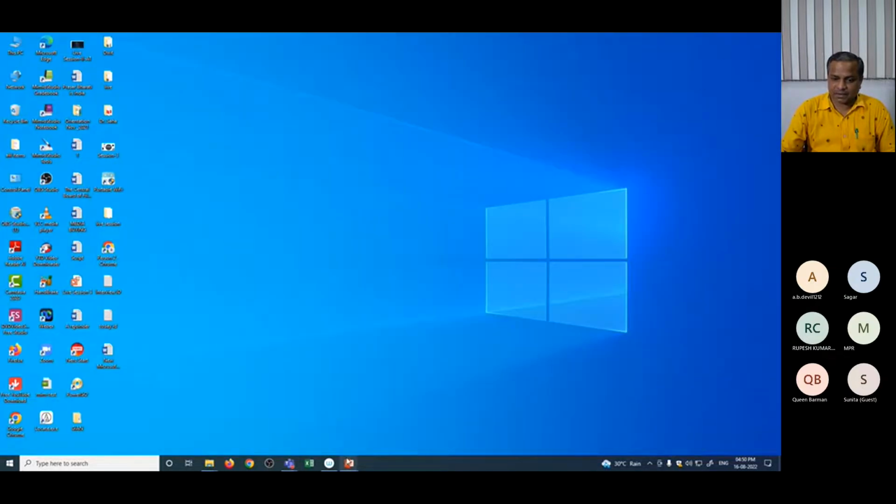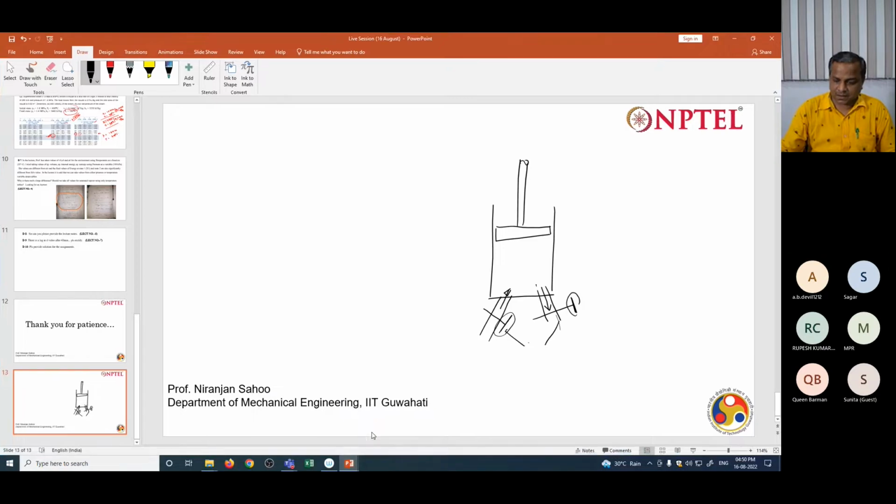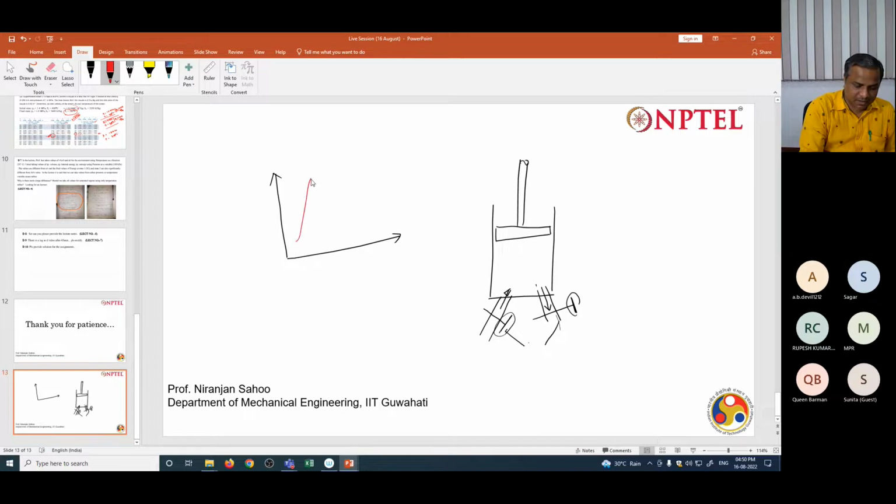But what I can say is this: if you recall our temperature volume diagram, we have a dome, and the critical point lies somewhere. We have liquid plus vapor, we have vapor, we have liquid.